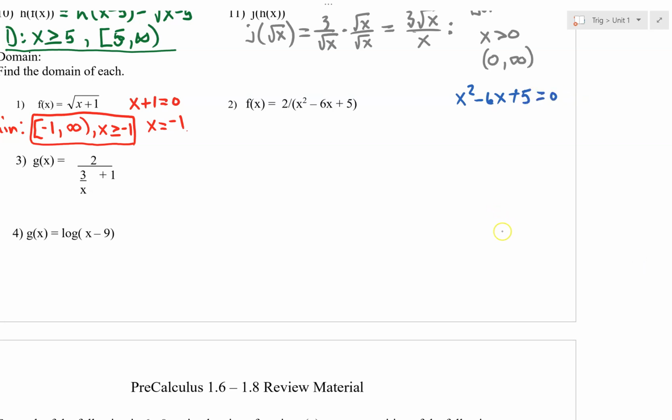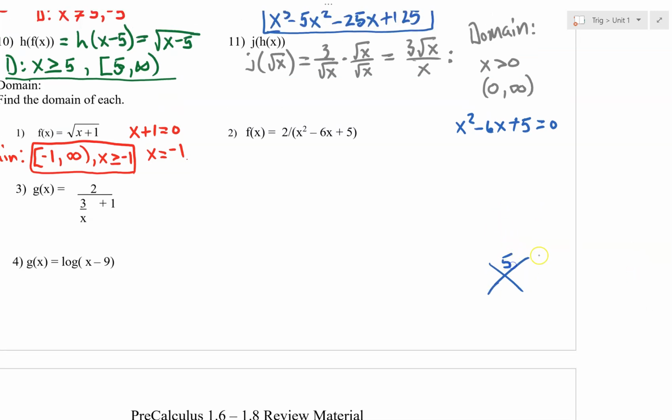Well, that tells me I've got a quadratic here that I need to factor. These are factors of 5 that add up to negative 6. Well, that would be negative 5 and negative 1. That tells me this is x minus 5 and x minus 1. Those are both going to equal 0, which means x is going to equal 5 and 1.